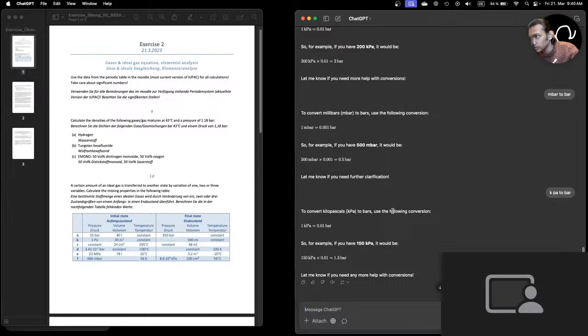T2 equals minus 50 degrees, converted to Kelvin as 229.15 Kelvin. And V2 equals 200 cubic centimeters.